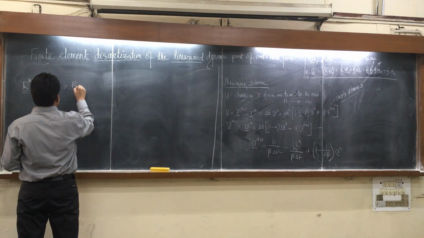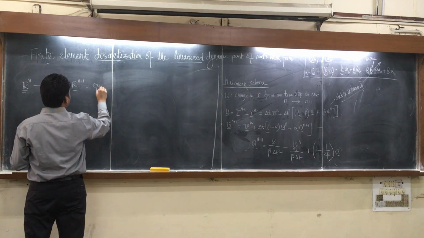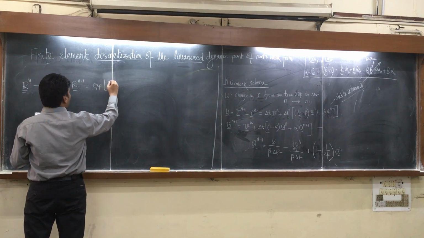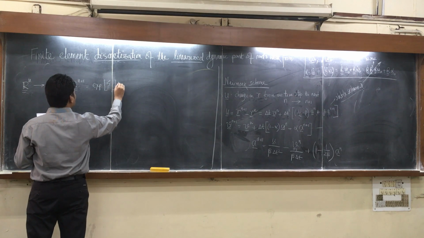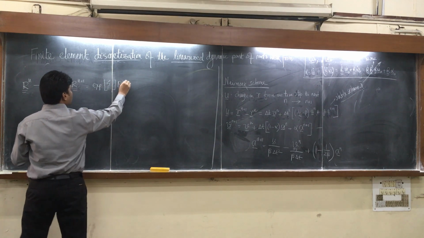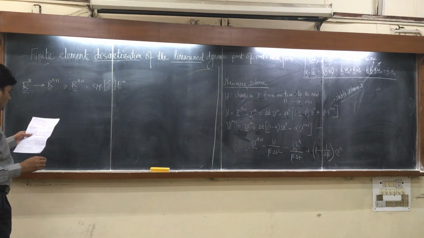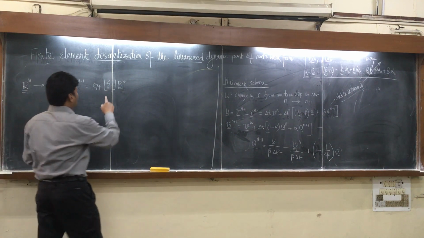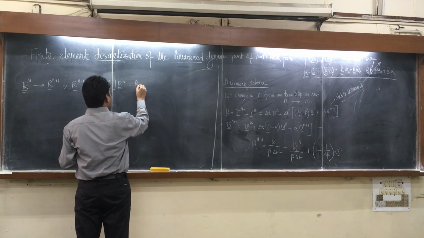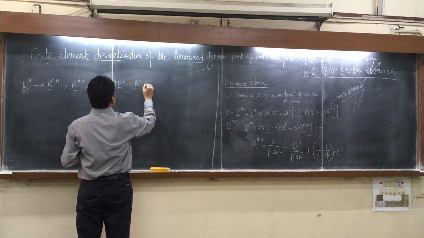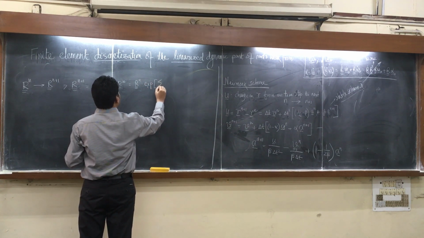That implies rotation at n plus 1 is the exponential of zeta times rotation at n. The same thing we could also write as rotation at n multiplied by the exponential of some zeta naught.